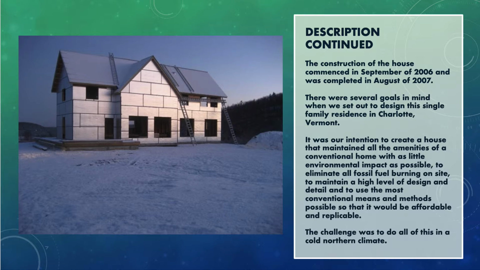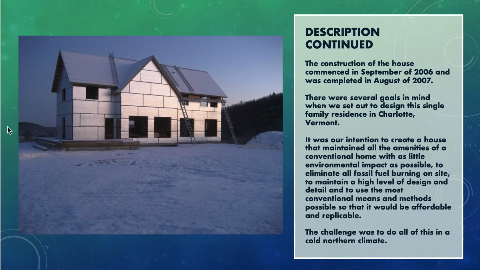Okay, so they said they had several goals in mind when they set out to design their residence. It was their intention to create a house that maintained all the amenities of a conventional home with as little environmental impact as possible. So they didn't want to burn any fossil fuels on site, yet they wanted it to be designed in their style. And they did, and it's very minimalistic, but they did design it well.